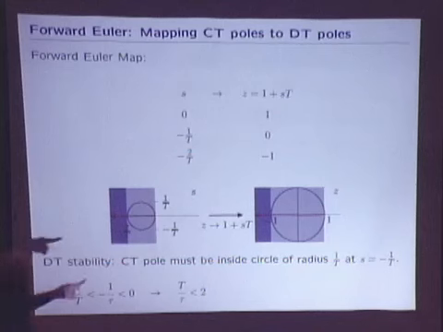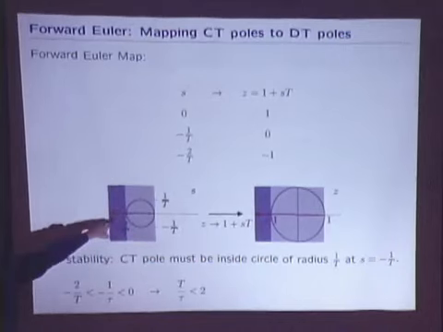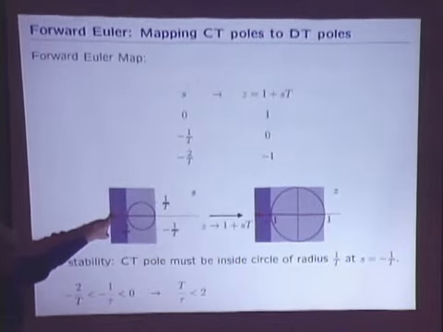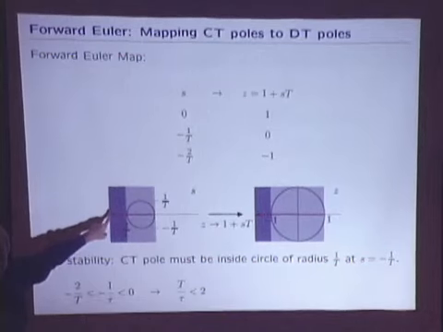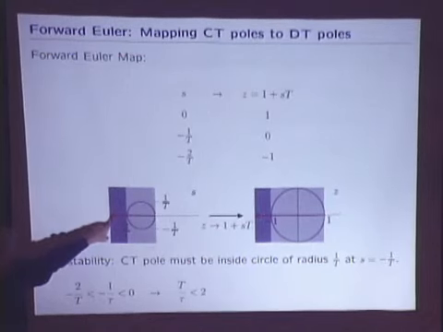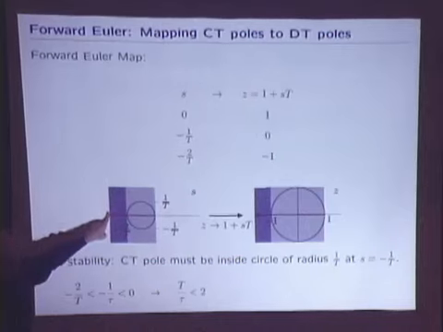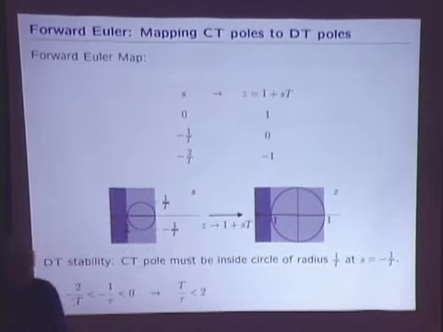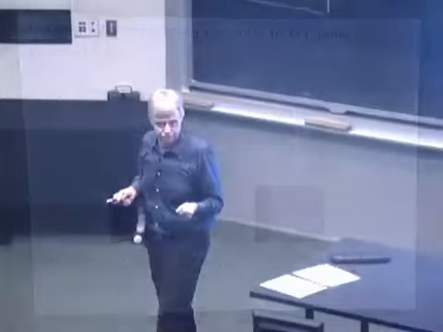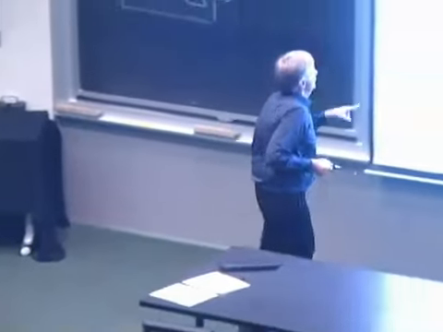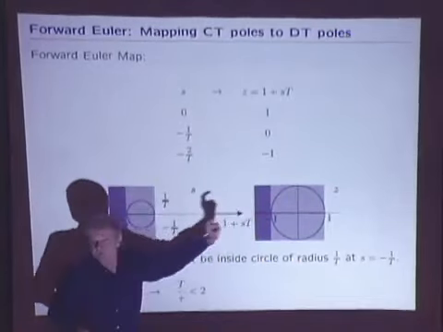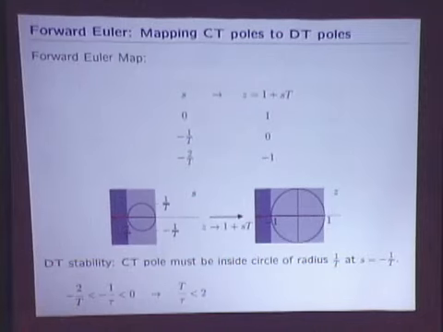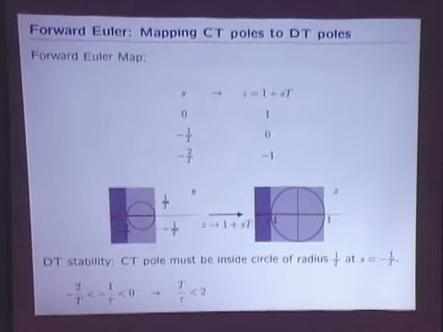Had s been some number over here, the unit impulse response of the CT system would have been completely well behaved, e to the minus st. But the response of the DT equivalent would be badly behaved because it would have mapped outside the unit circle. Okay? And as you motivated, that's only true because I did Euler forward.